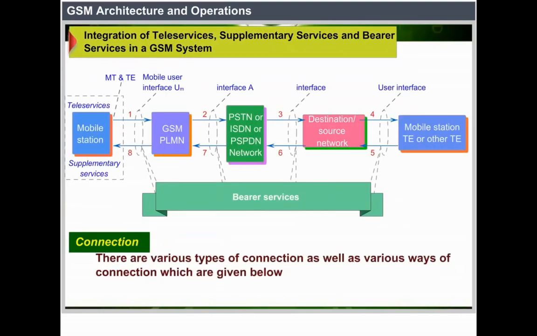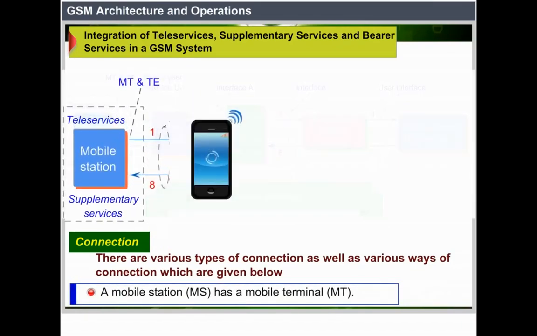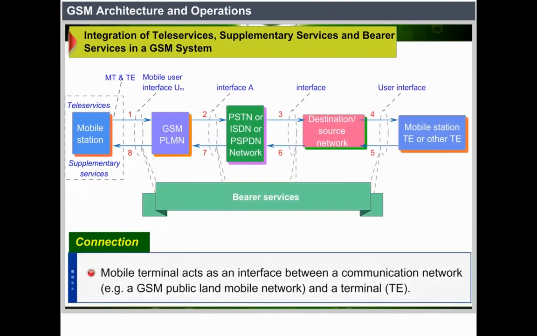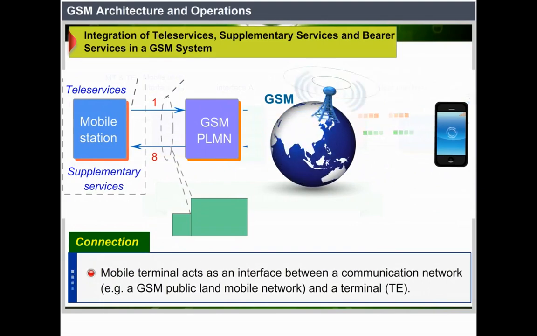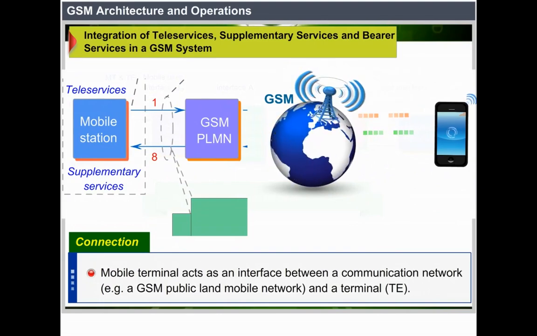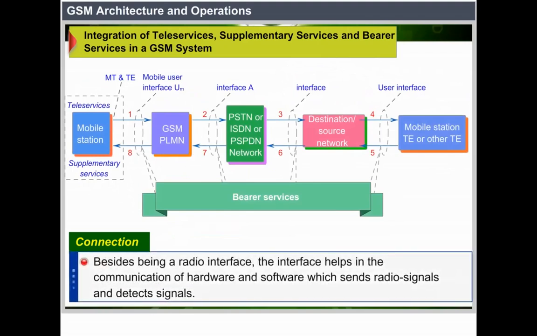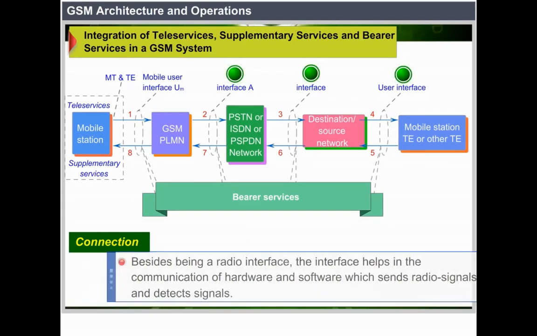Connection. A mobile station MS has a mobile terminal MT. Mobile terminal acts as an interface between a communication network, for example a GSM public land mobile network, and a terminal. Interface is a radio interface, a communication hardware and software which sends radio signals and detects signals.